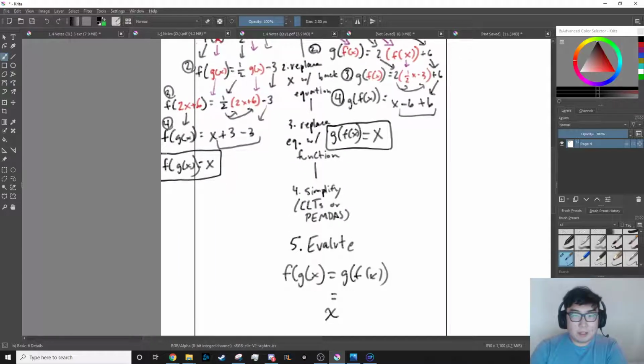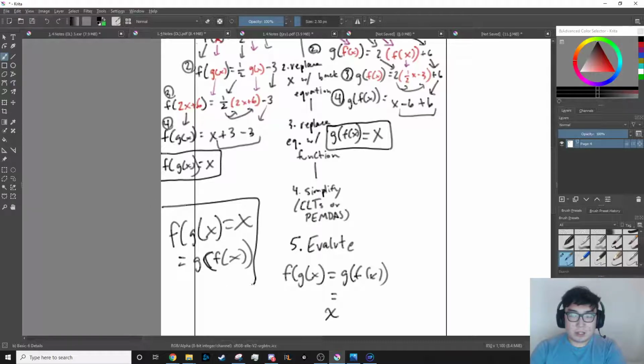My f of g of x is equal to x. My g of f of x is equal to x, which is still equal to f of g of x. So this is true right here.